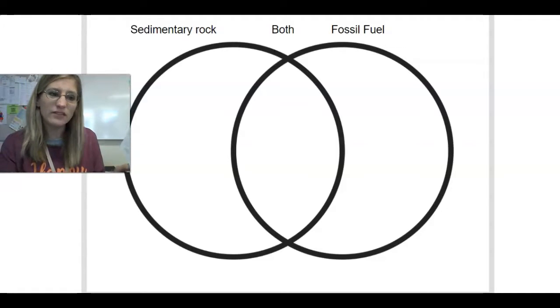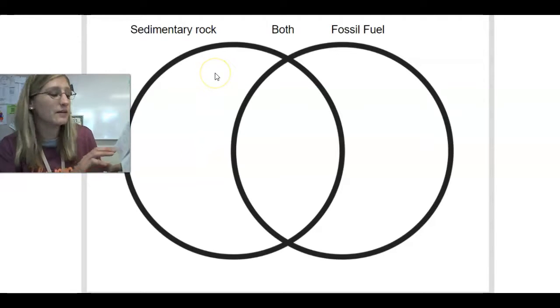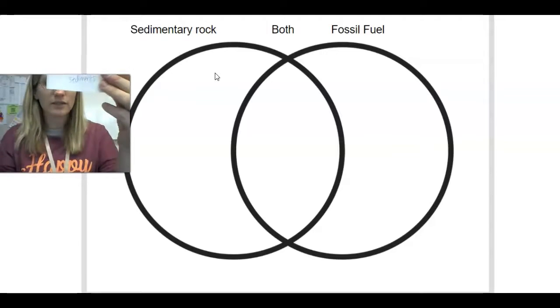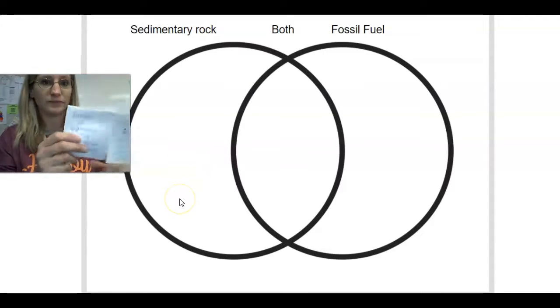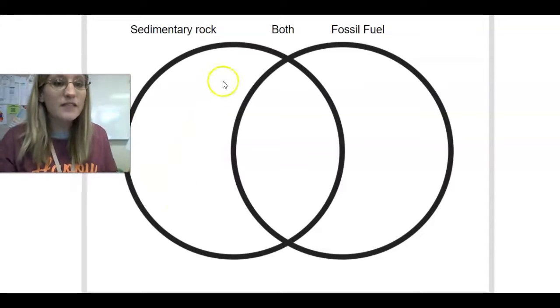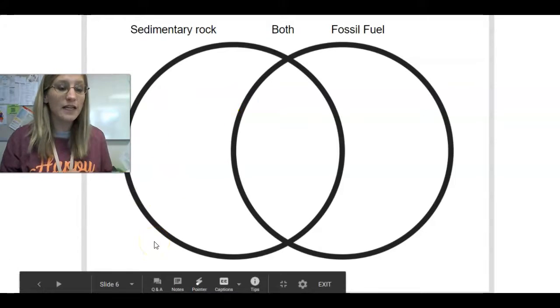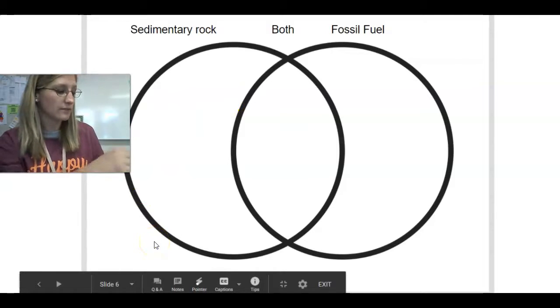Another thing, how are they different though? Good. I hope you said sedimentary rock. You have to have weathering, erosion, and deposition to form it. And it's all made out of sediments. Hopefully you put that down.